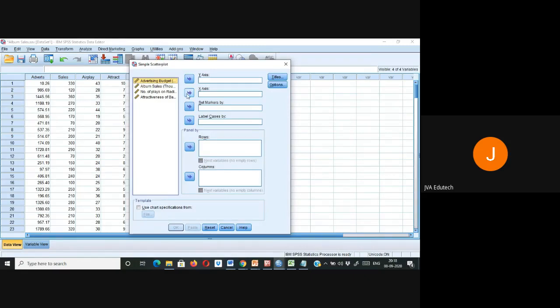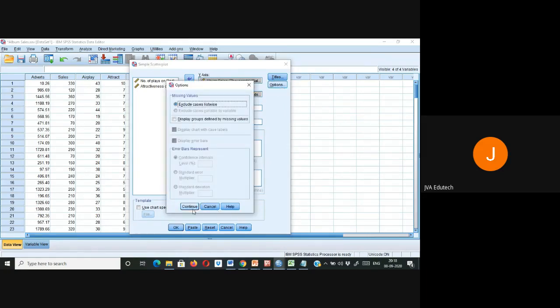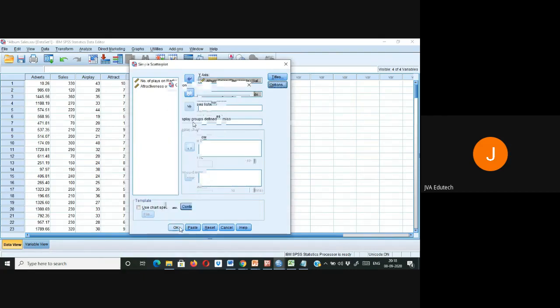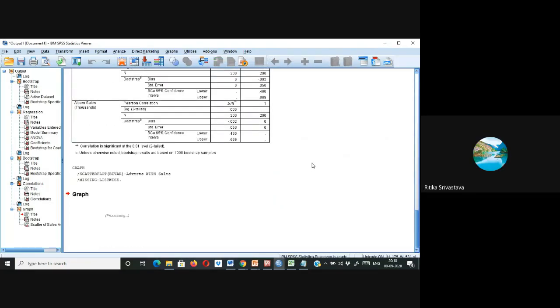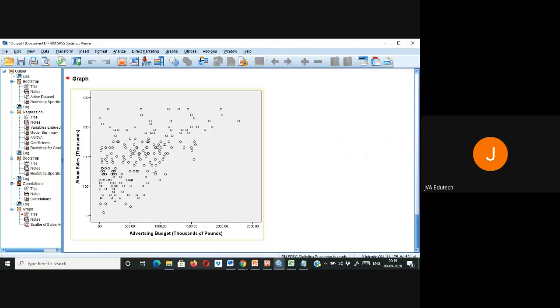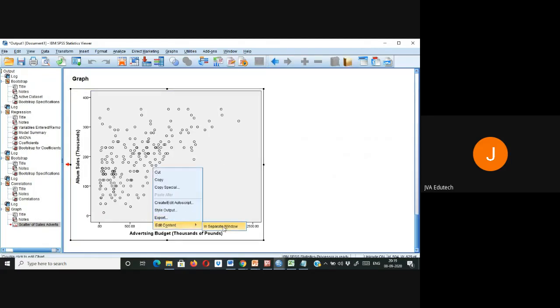The y-axis is album sales, the x-axis is this. Options, nothing. Okay. Error is 0. Standard error is 0 here. Let's draw a line.